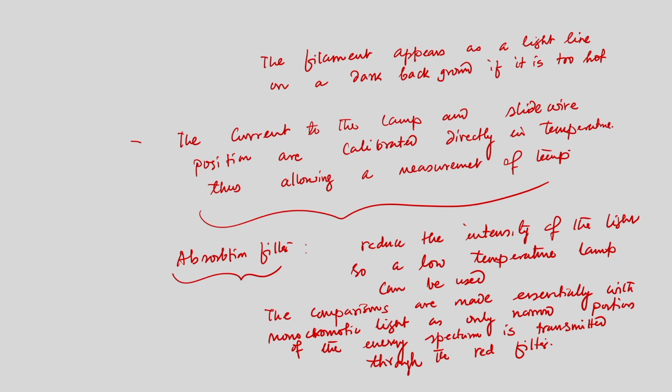Not only that, when we are comparing using the lens in the eyepiece, we have another red filter. The comparisons are made essentially with monochromatic light, as the red filter can only transmit the narrow portion of the energy spectrum.